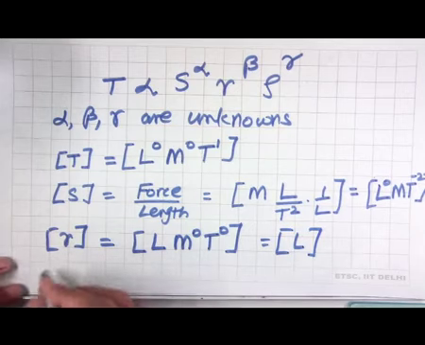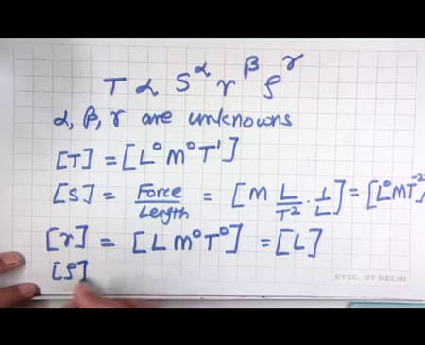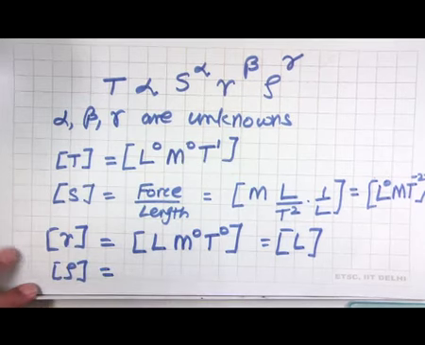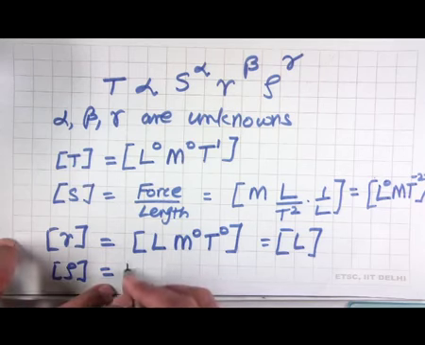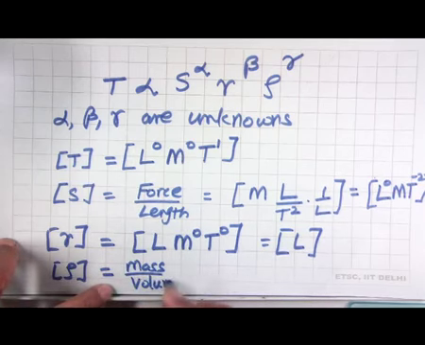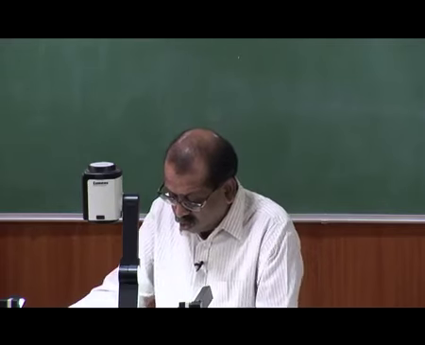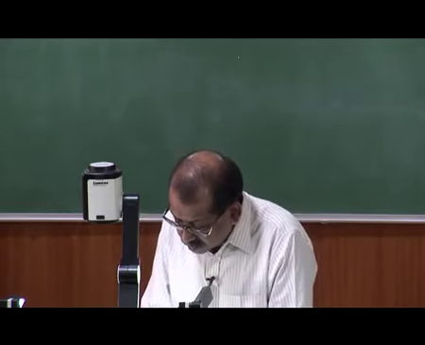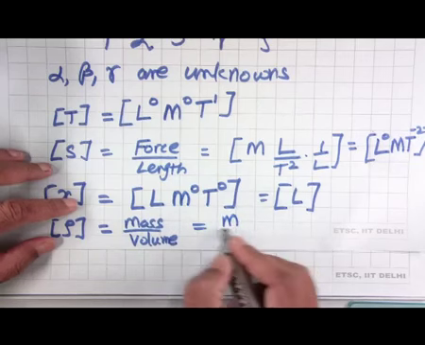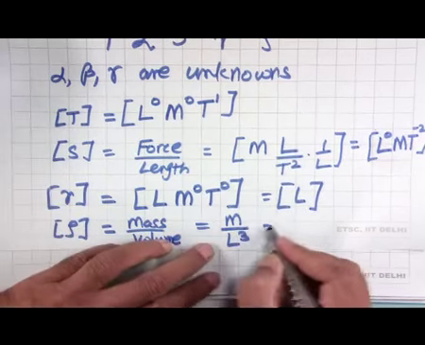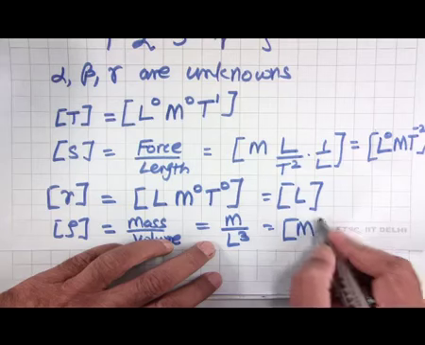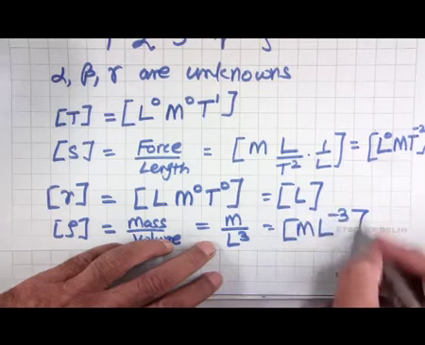And now, the dimension of rho will be mass per unit volume. So, this is mass divided by volume. So, rho can be written as m by L cube. So, the dimension will be m times L to the power of minus 3.